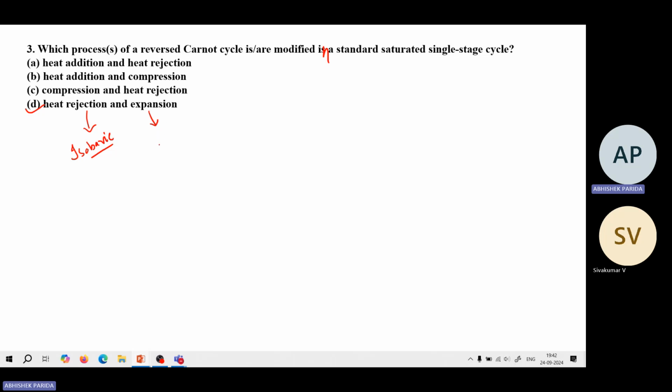In a reverse Carnot cycle, a turbine was used, but in the case of the SSS cycle, you will find throttling. Yeah, throttling. So the correct answer is option D.